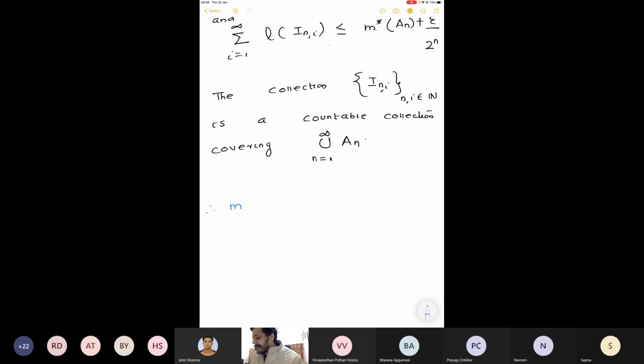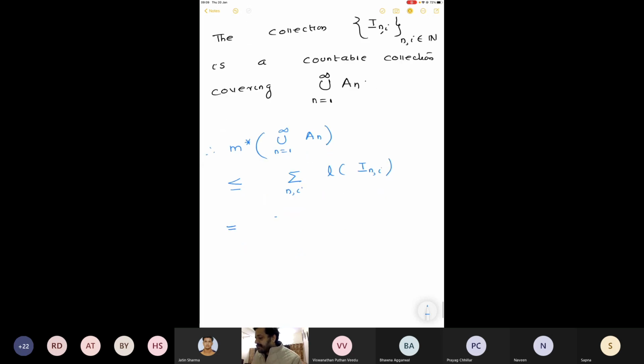Therefore, m star of the union over n equal to 1 to infinity, by definition of infimum, is less than or equal to the summation over n and i of the length of I_{n,i}. This is one particular collection covering the union of A_n, and m star is an infimum. And this is equal to the summation over n, summation over i, of the length of I_{n,i}.